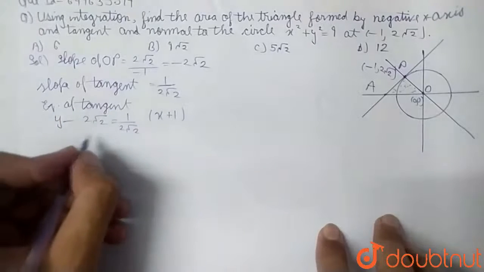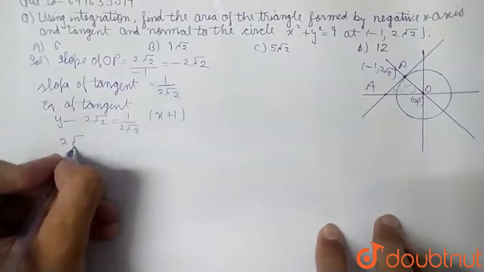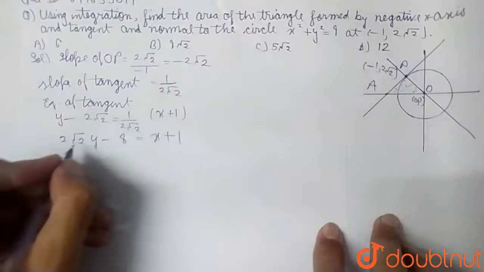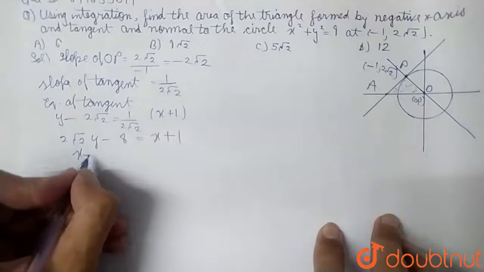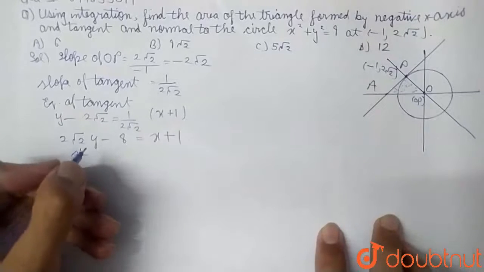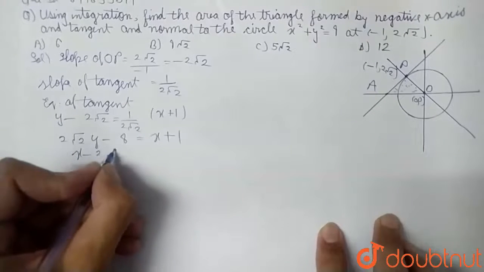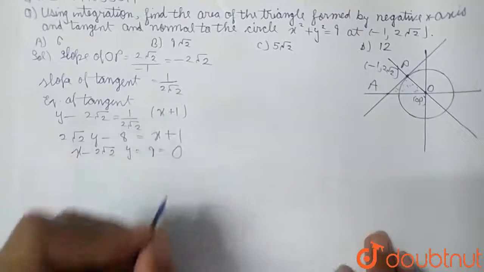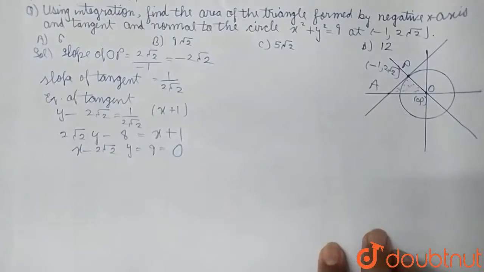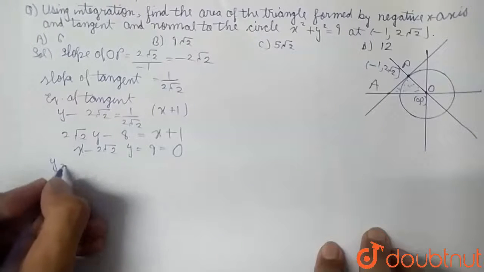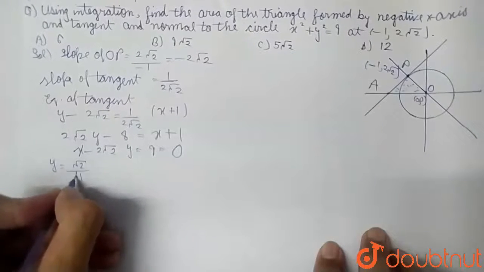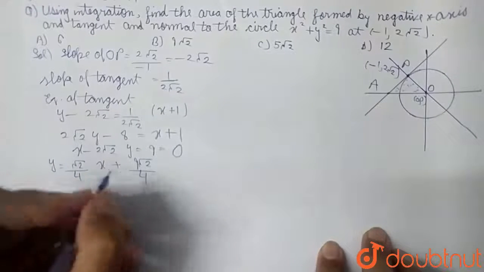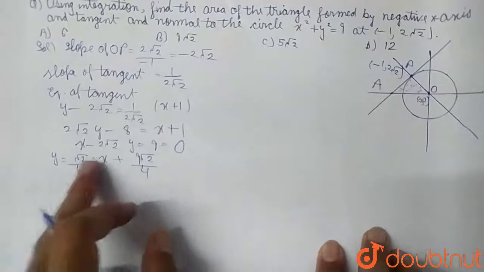By solving, 2 root 2 y minus 8 equals x plus 1, so we write it as x minus 2 root 2 y plus 9 equals 0, that is y equals root 2 by 4 x plus 9 root 2 by 4. This is the equation of the tangent.